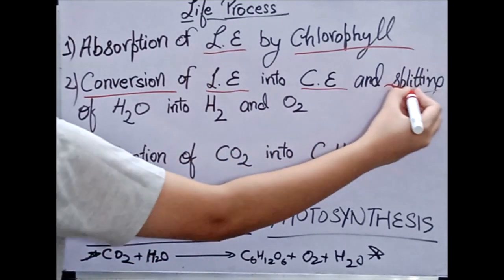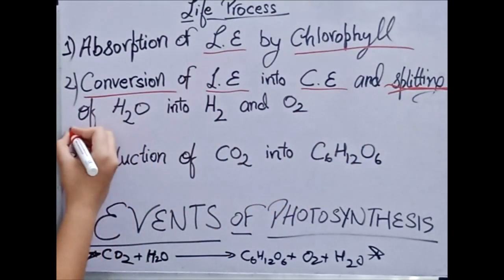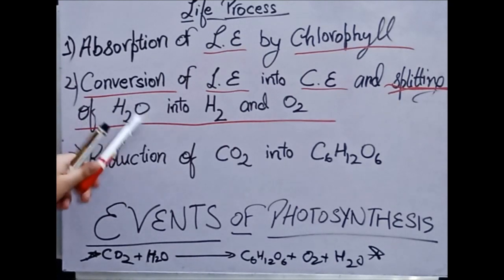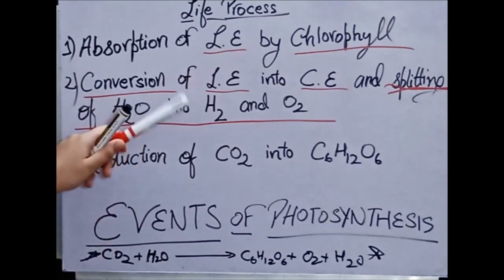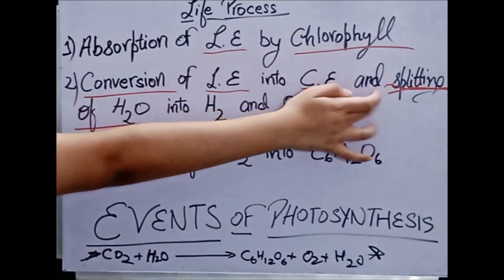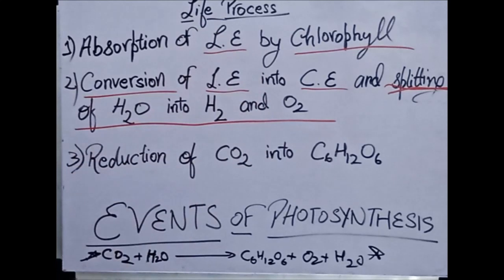This is very important. If you do not write it down, then you will surely lose your marks. H2O gets split up into H2 and O2, or you can say decomposition of H2O happens.